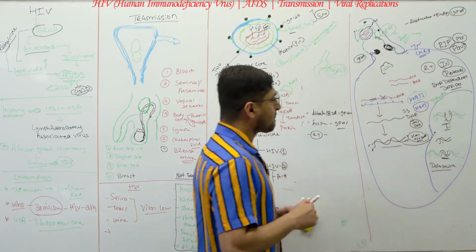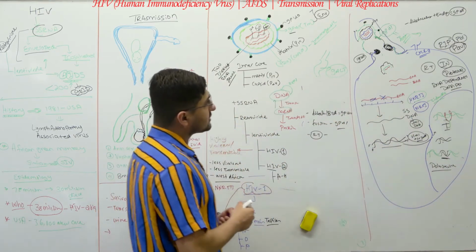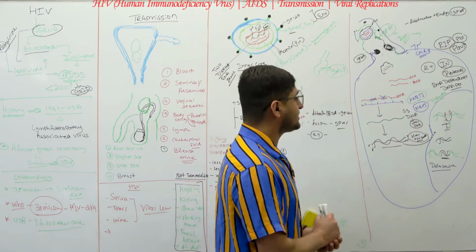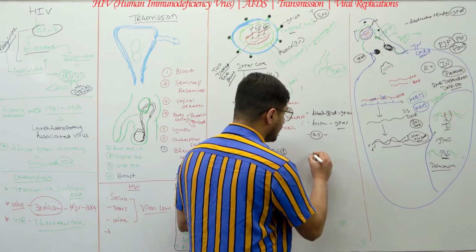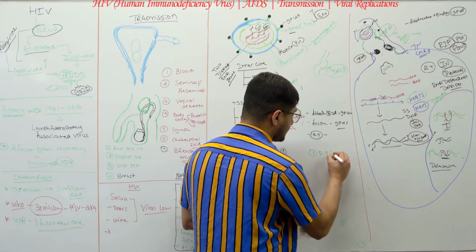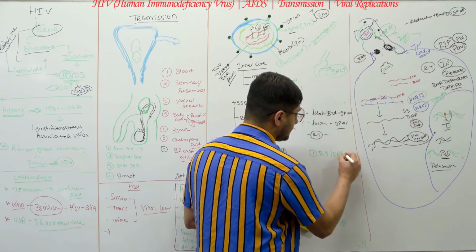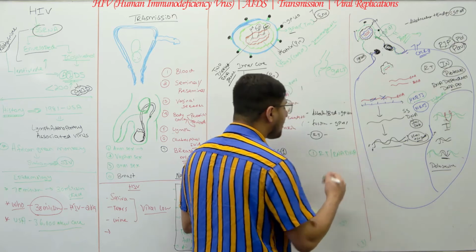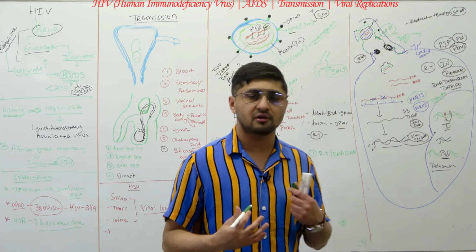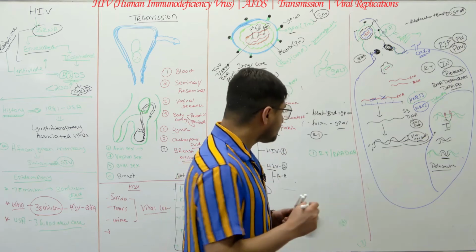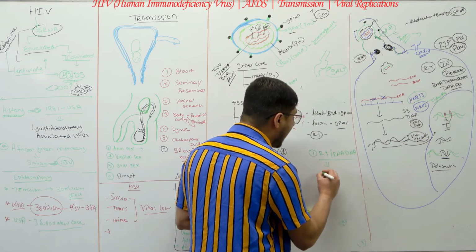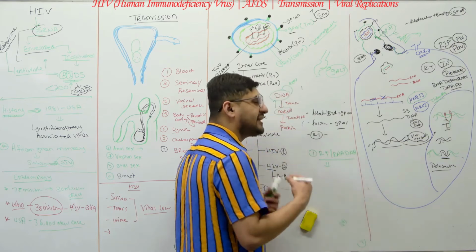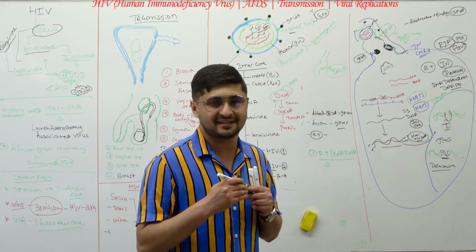That's why this is very, very dangerous, right? Now, one very important concept to remember is that this reverse transcriptase, or RNA-dependent DNA polymerase, is not like the DNA polymerase that we have. It lacks, or is very weak in, proofreading activity.